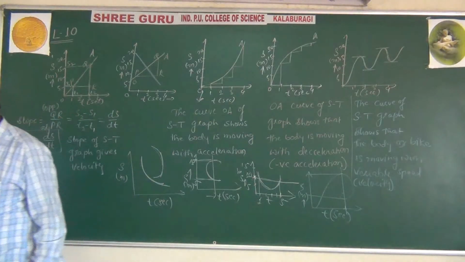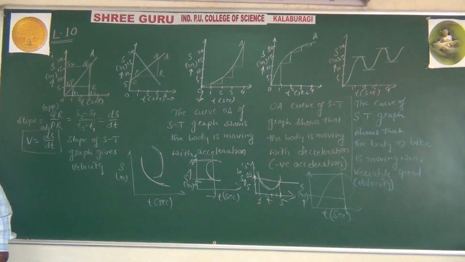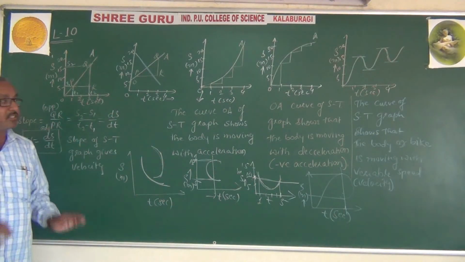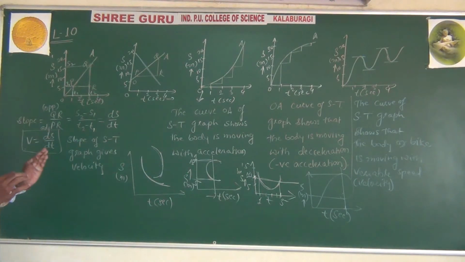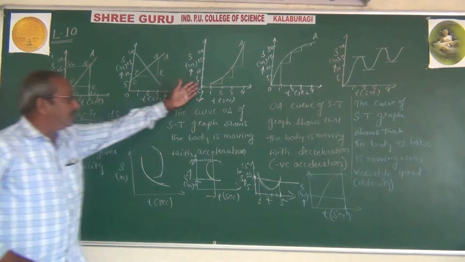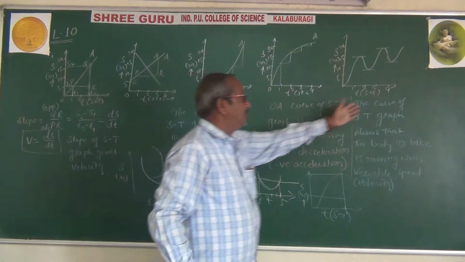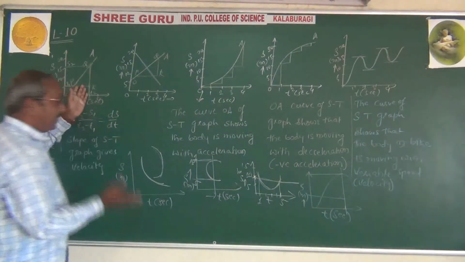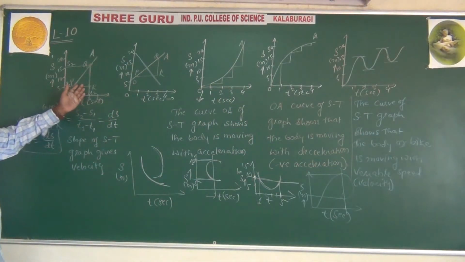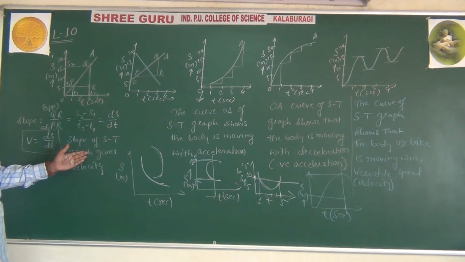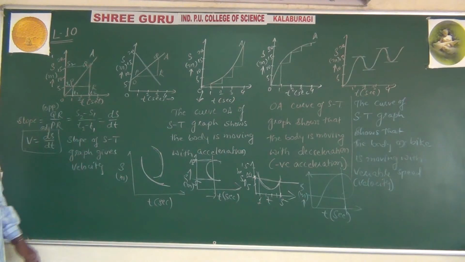Such types of many graphs they will plot. They will ask questions about what the respective curves, the respective graphs will show. Here I showed the number of times. This curve, this curve, this curve and this curve I already mentioned, and what is the use of that curve I also wrote. Keep it in mind.